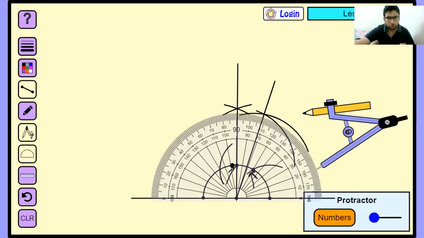When you check in your copies, it will have some sort of error. In my case, I am getting 72. It should have been 75. So if you draw it more properly, more constructively, maybe you will get closer, 73, 74. Okay, no issue, because in case of compass, it moves little bit. So no issue. I hope it is clear to everyone.